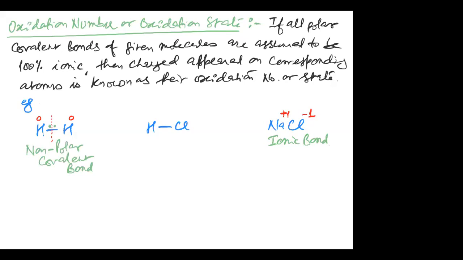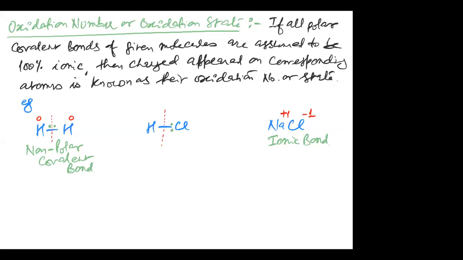Same in the case of HCl. Certainly, chlorine is more electronegative than hydrogen, so the shared pair of electrons will be shifted more towards chlorine. Hydrogen and chlorine both are non-metals, so there has to be a covalent bond between them. But as chlorine is more electronegative than hydrogen, this bonded pair of electrons will be shifted more towards chlorine, due to which chlorine will be slightly electron rich and hydrogen will be electron deficient.